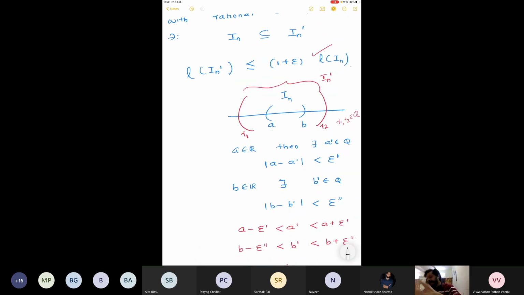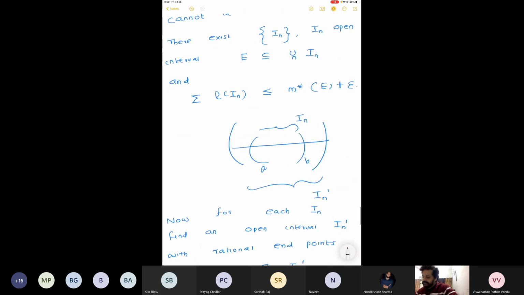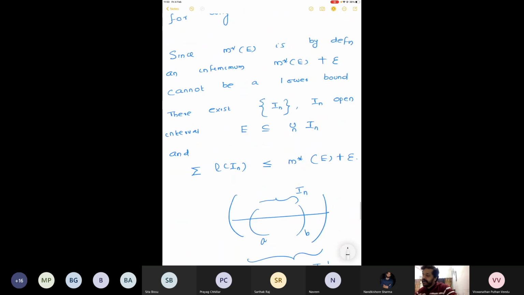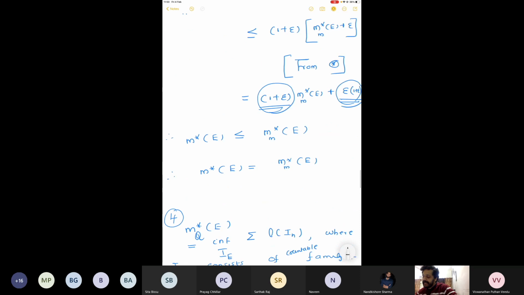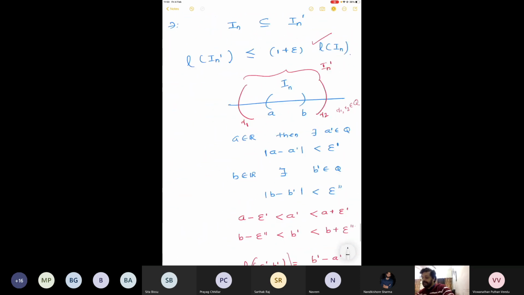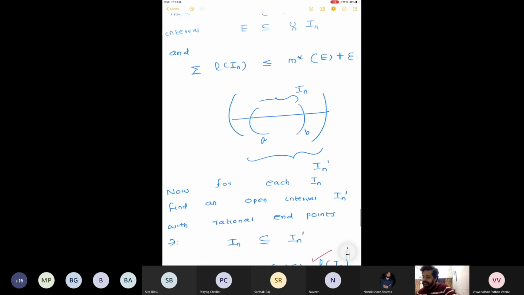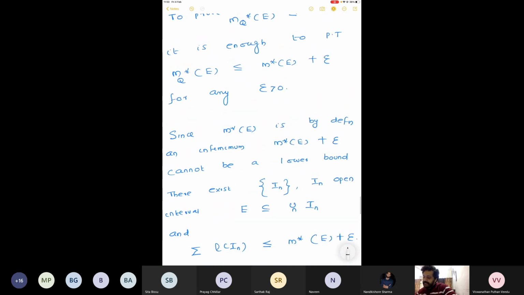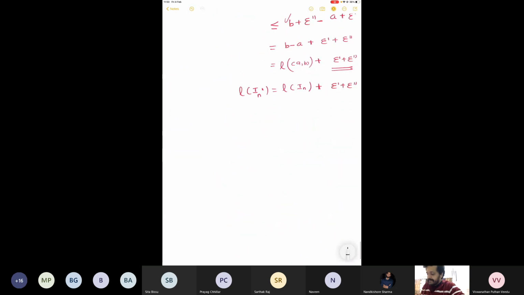So now, as previous, you can proceed. Exactly like how we proved m star E and m star of E, the same proof you can copy here. You will get the relation between m_Q star E and m star E. Now proceed as in the previous problem.